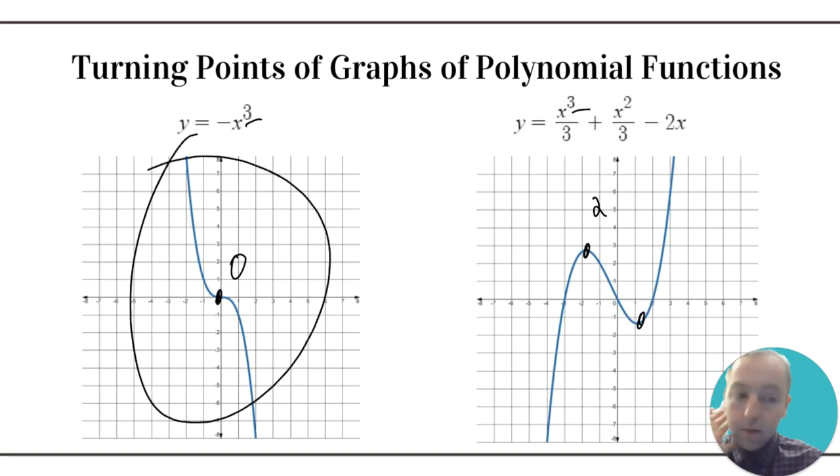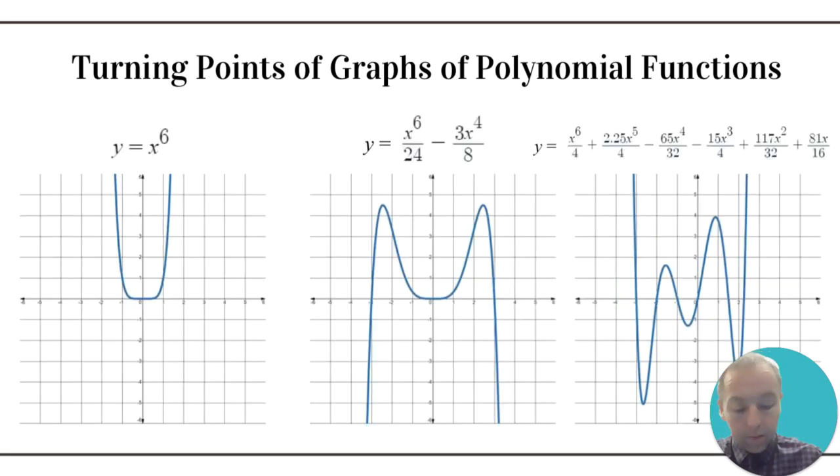And that one doesn't have any turning points because it goes from decreasing to decreasing, right? And then just so you can see another flavor of this right here, these are 3 examples of polynomials that are all of degree 6. So therefore the number of turning points that it can have must be an odd number because it's an even degree polynomial. And then it has to just be less.